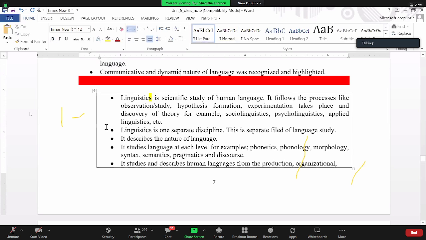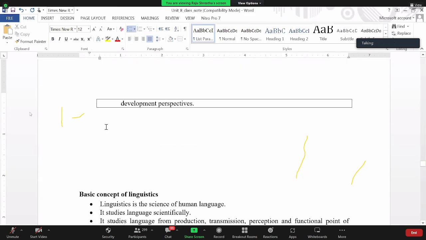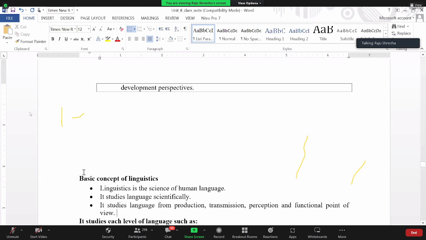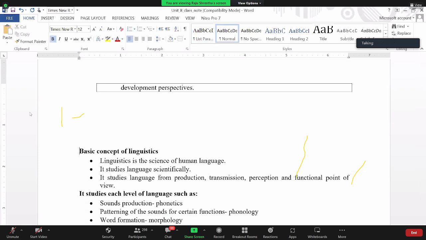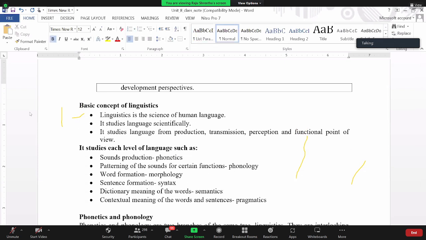Okay, this is just what we discussed. Now basic concepts, what I have written here is like this. Linguistics is the science of human language, it is studied scientifically. So it studies language from production, transmission, perception, and functional point of view, developmental, organizational point of view.